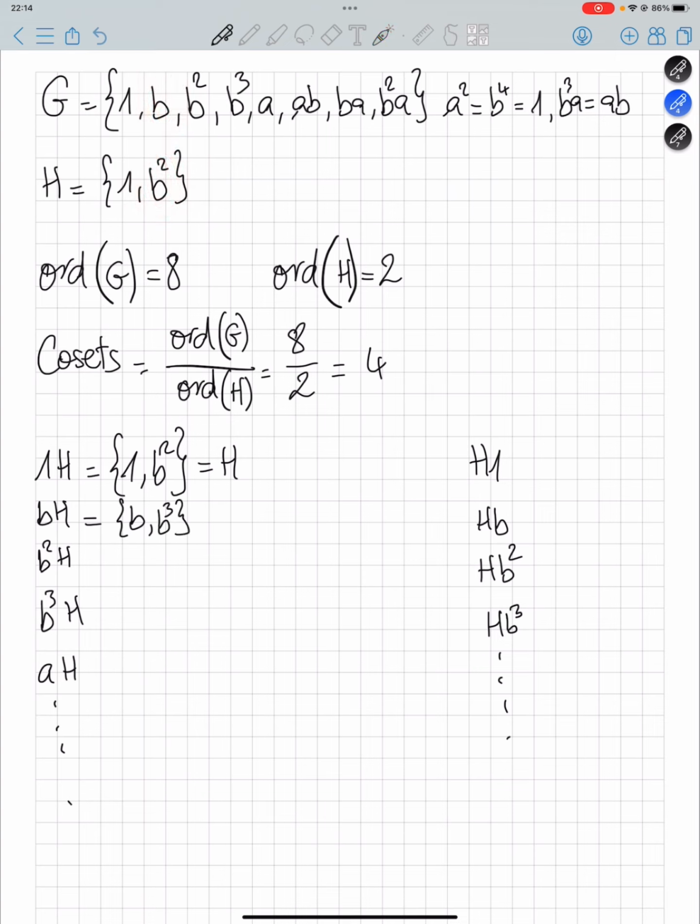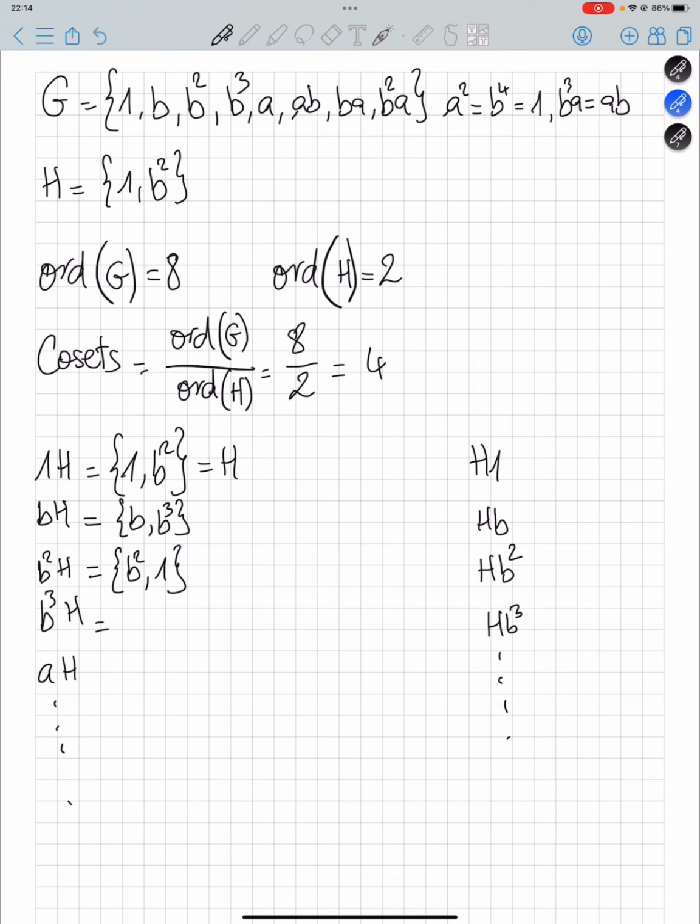So this is BH. Now B square H is B square composed with every element of H. So B square composed with identity, then B square composed with B square, right? So B square composed with identity is B square. B square composed with B square is B4, but B4 from here is identity, right? So we have identity.